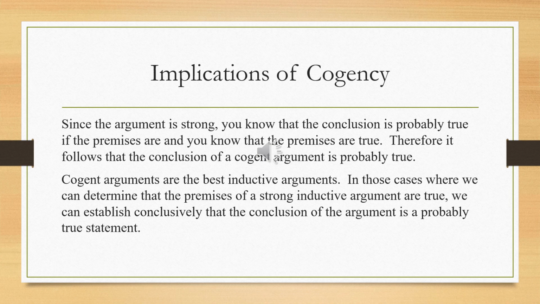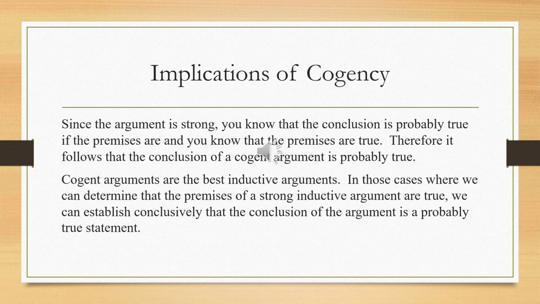Cogent arguments are the best inductive arguments. If you can just determine that an argument is cogent, then you have a high degree of confidence in the conclusion. We know that it is probably a true statement. However, this does place upon us a certain constraint, which is that we can't simply determine cogency in our armchair thinking about it as we can with strength.